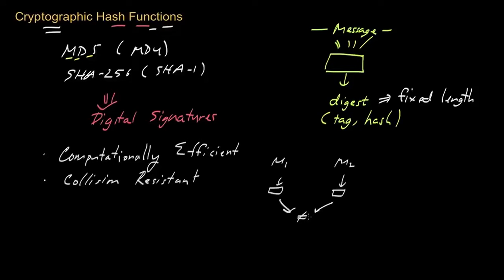We know that they exist by virtue of the fact that there are many messages that can be hashed to only a finite and relatively small number of possible digest values. But aside from that consideration, it should be hard. It should take an astronomically long time to find two distinct messages that would result in the same output under the application of the hash function. Okay?